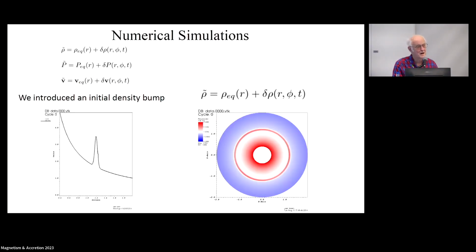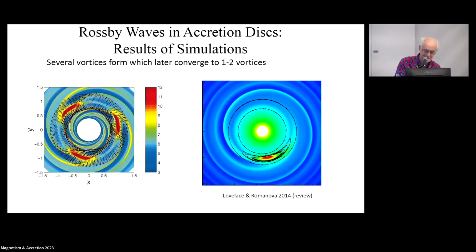So then I'll move to simulations, which for the most part agree with this analytic theory I indicated. So we look at a case on the left where there's a bump in the density, and here it shows the disk profile, and depending on the initial conditions, you can start with 3 vortices.